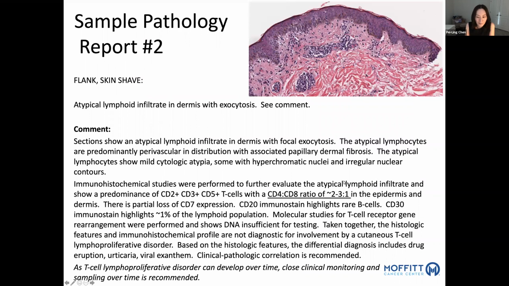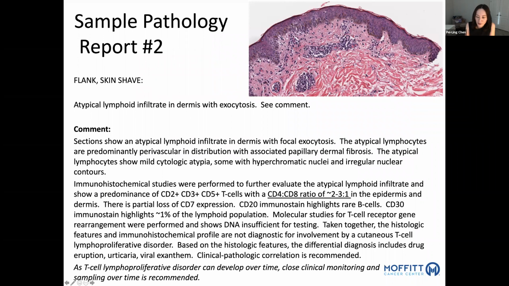It could still be, but I'm basically just saying it's not perfect, but we cannot rule it out. So here in this case, the CD4 to CD8 ratio is approximately 2 to 3 to 1 in the epidermis and dermis, meaning the exocytotic lymphocytes, as well as these perivascular lymphocytes in the dermis. Again, I report there's partial loss of CD7 expression, not all the lymphocytes lost CD7 expression.